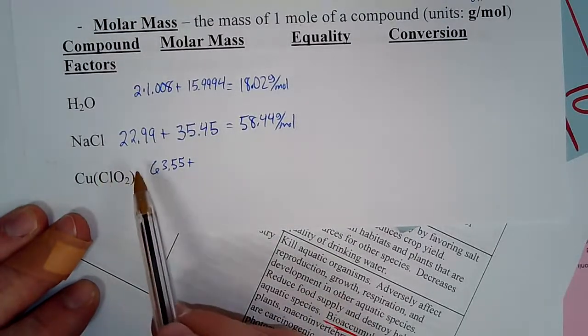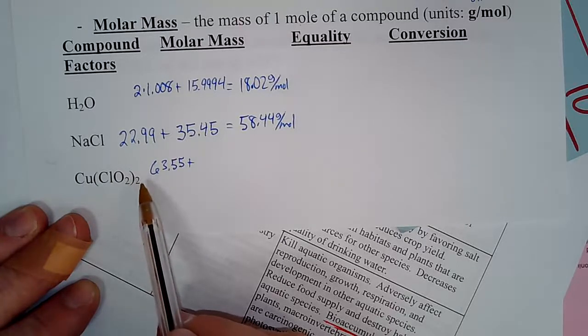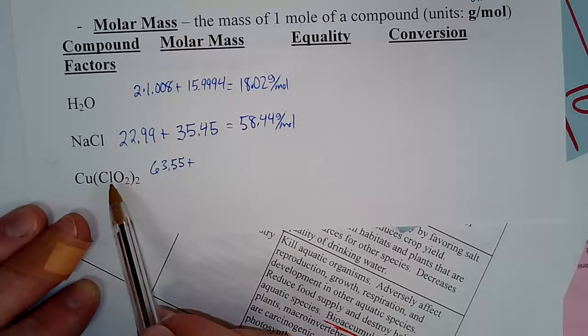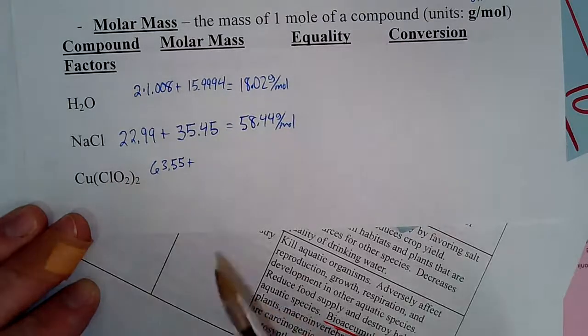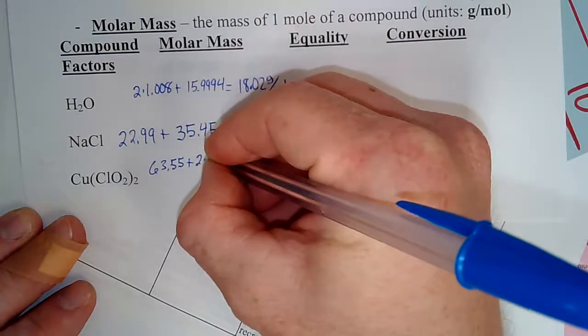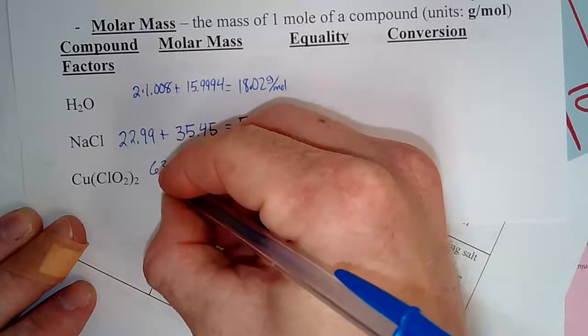There's parentheses, and what does the 2 outside of the parentheses tell me? There's 2 of everything inside the parentheses, right? So how many chlorines total? 2, and how many oxygens total? 4, right. So we'll do 2 times the chlorine, and then 4 times the oxygen.